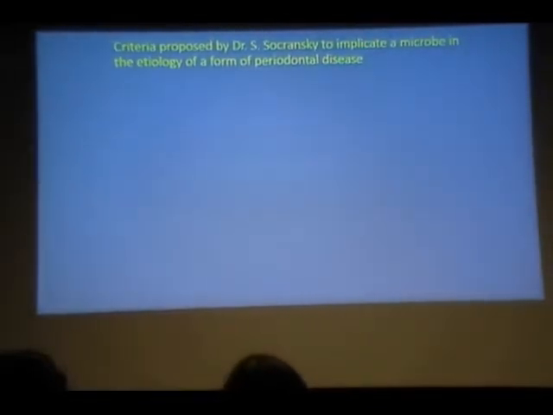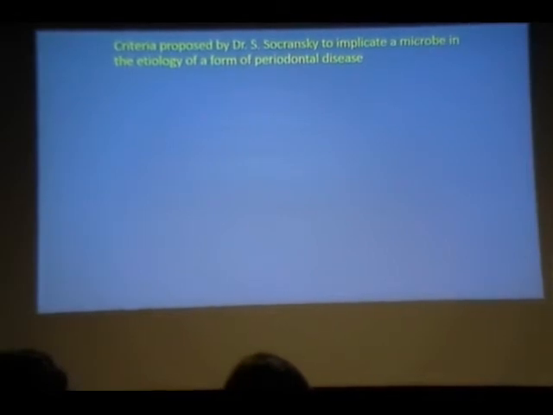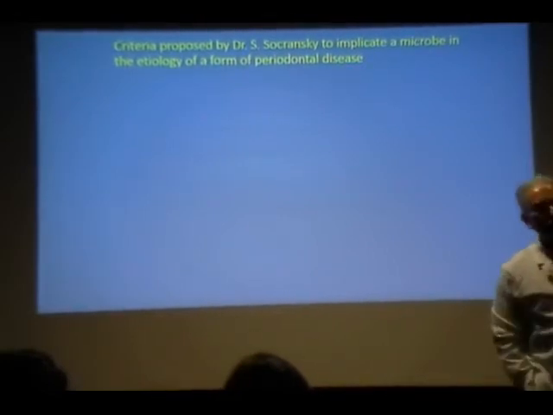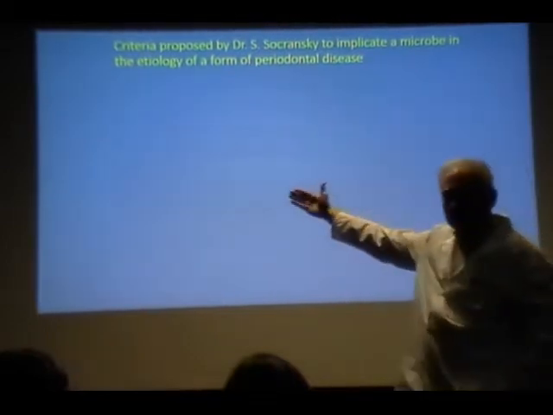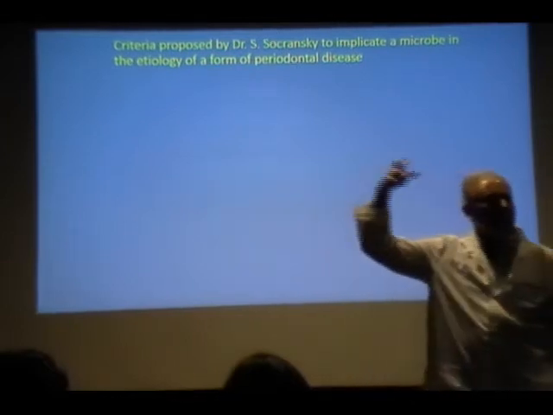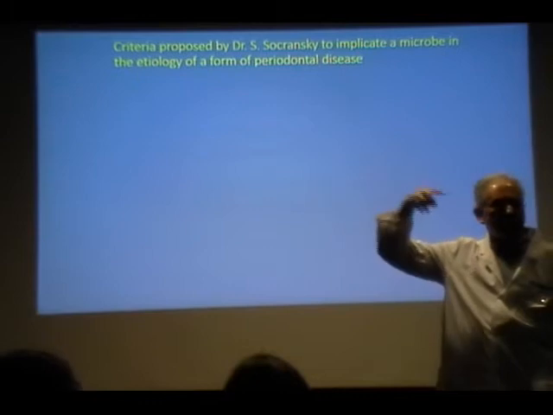So, with all of this confusion, in comes Sigmund Socransky, and he creates his postulates, or his criteria for identifying organisms that are periopathogens. Okay, just like Koch did in regards to tuberculosis that I told you.